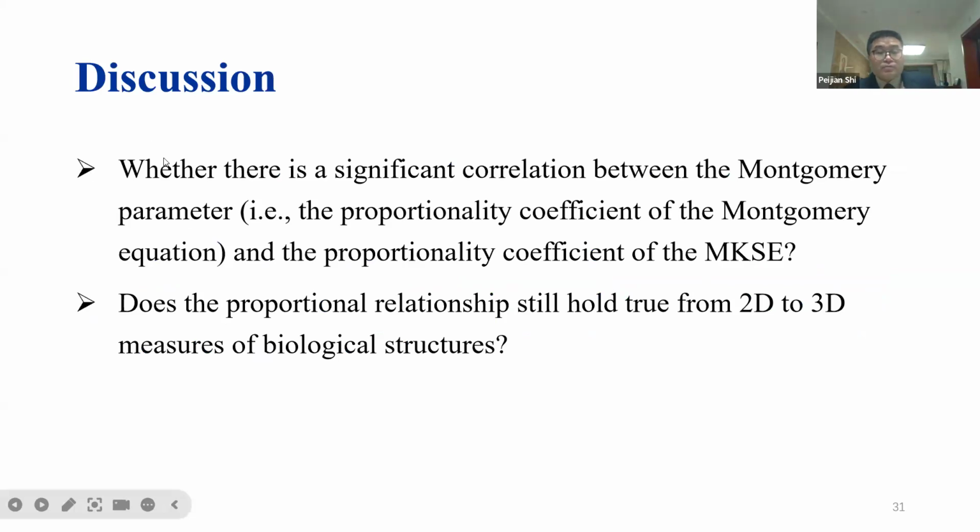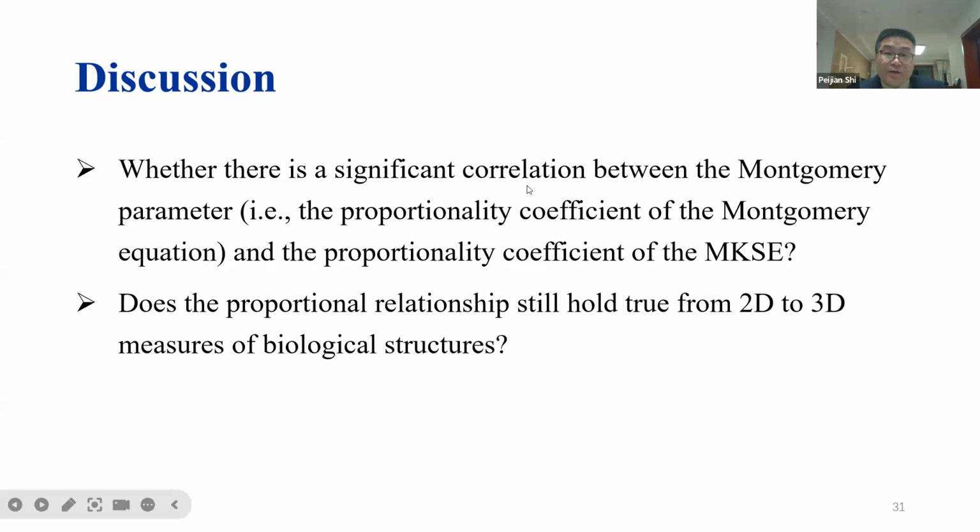Finally, I will give us two points of discussion. Whether there is a significant correlation between the Montgomery parameter, namely the proportional coefficient of the Montgomery equation, which is used to calculate the individual leaf area, and the proportionality coefficient of the Montgomery-Koyama-Smith equation, which is used to calculate the total leaf area per shoot.